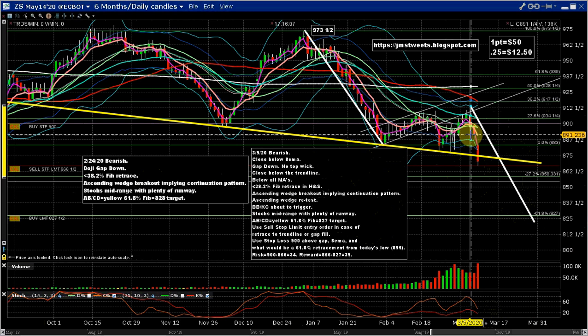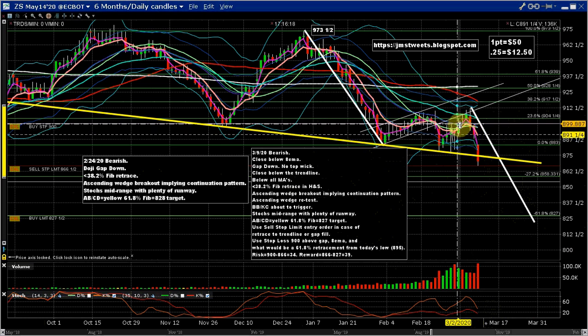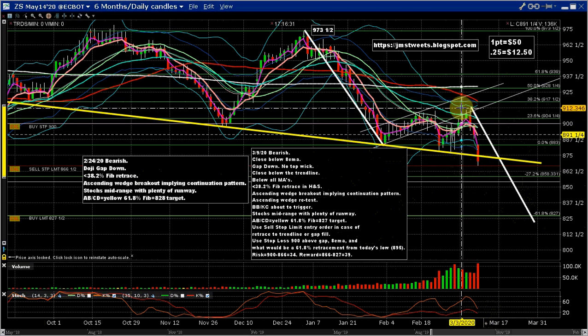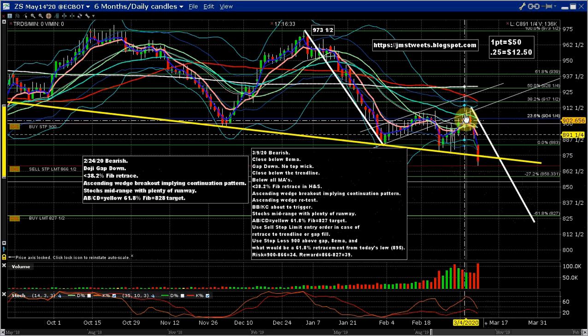If things go the way they should and it comes up and fills in this gap, it's not going to go up much higher than the 8 EMA or the top of the gap. So I put the stop loss up here, and I also checked another thing. I didn't put it on the chart, but I calculated what a 61.8% fib retracement would be from the bottom of this candle to the top of this candle, so this range.